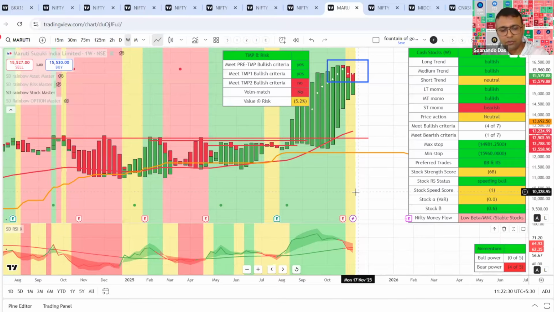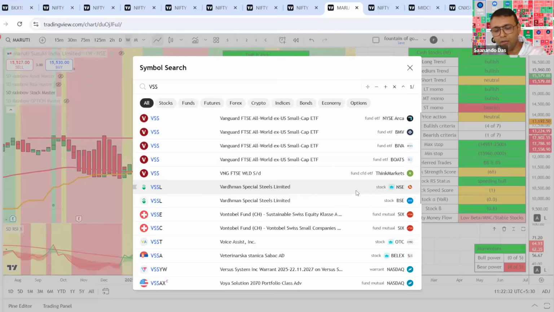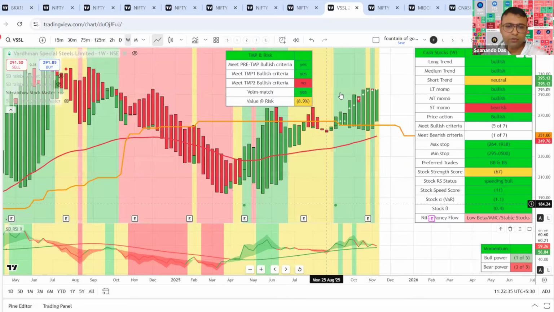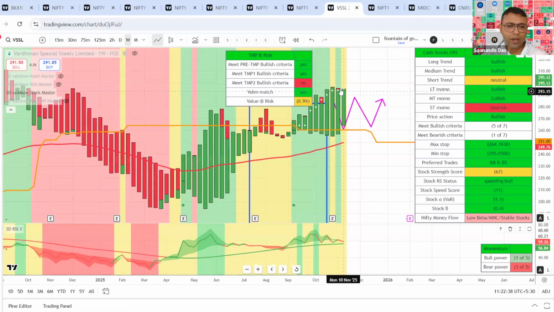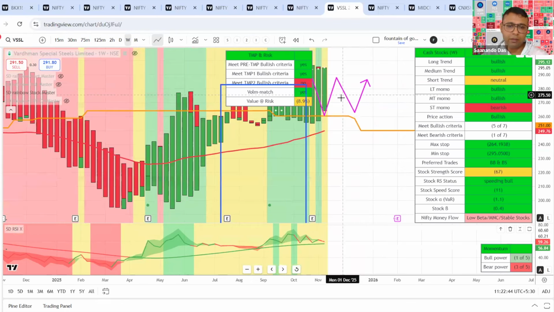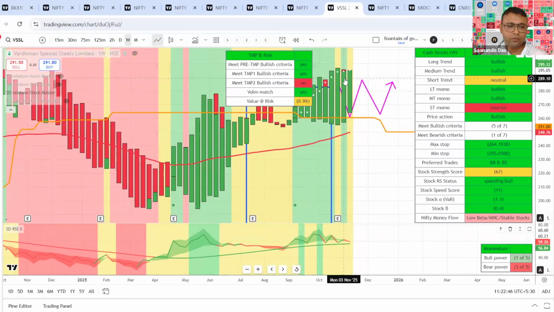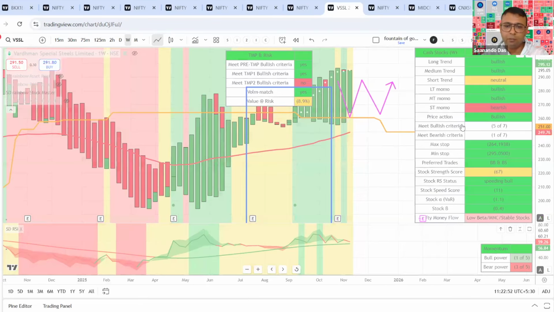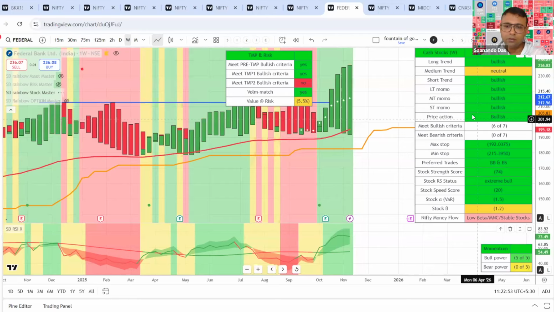Whereas if I look at another stock, VSSL, it has also started to undergo another weakness. That means I'm seeing in my setup two double weakness. But if I look at a completely different picture where the strength is, Federal Bank, I see still strength persisting.